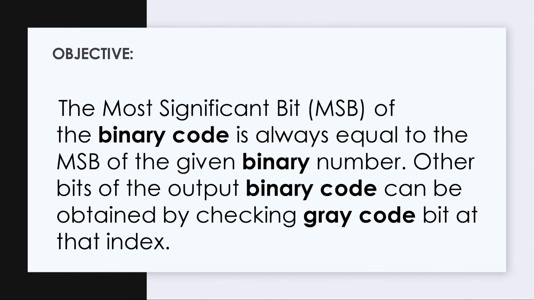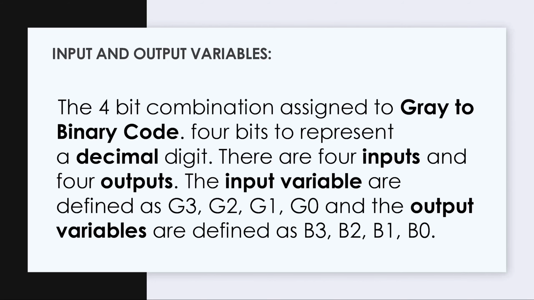Now we will see the objective of gray code to binary conversion. The most significant bit of the binary code is always equal to the most significant bit of the given gray code. Other bits of the output binary code can be obtained by checking the gray code bit at that index. Now we'll see the input and output variables of gray to binary code conversion.